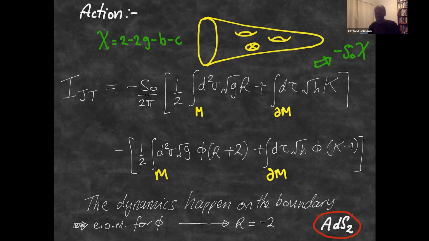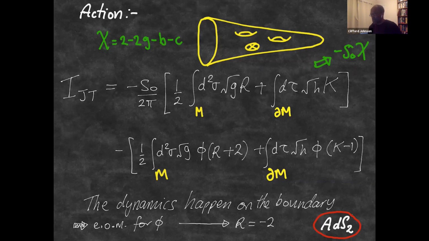And essentially, as you know, in 2 dimensions, there's not really any dynamics going on in the gravity. However, because we have a scalar, some exciting things can happen. The cursor seems to be missing, so I can't actually point the way I thought I would.